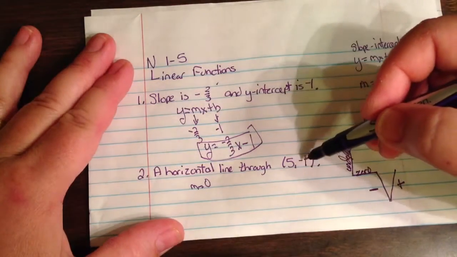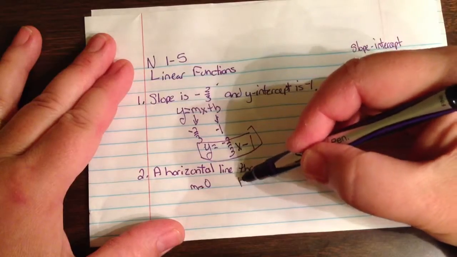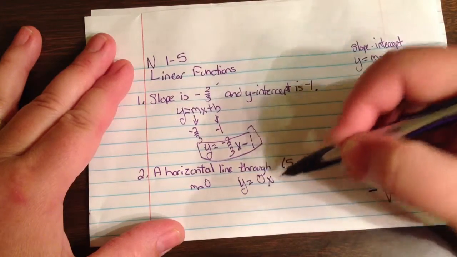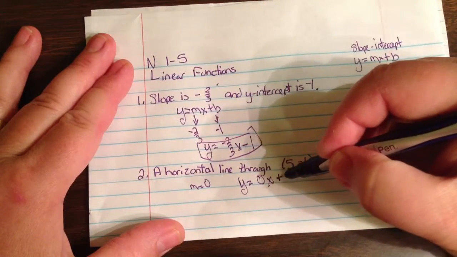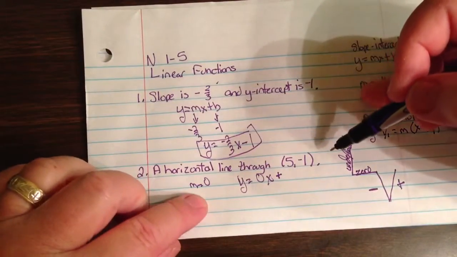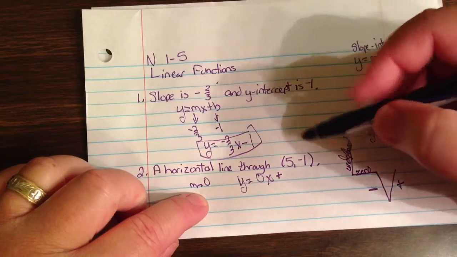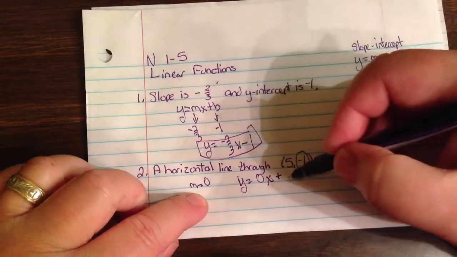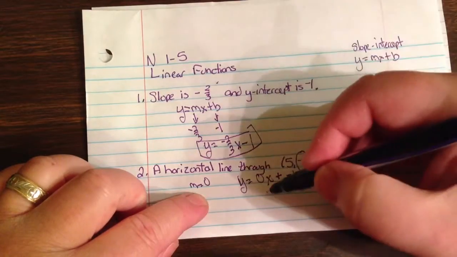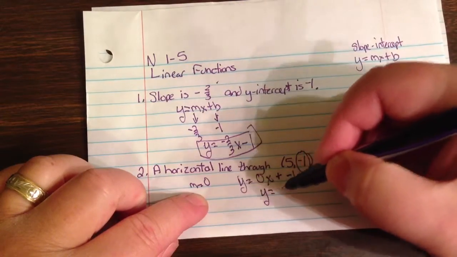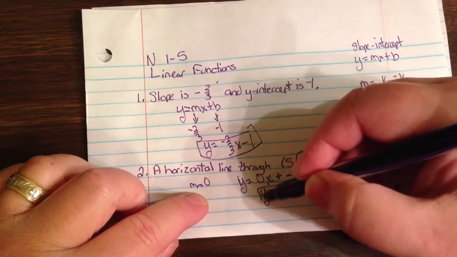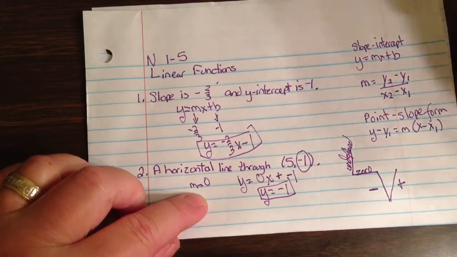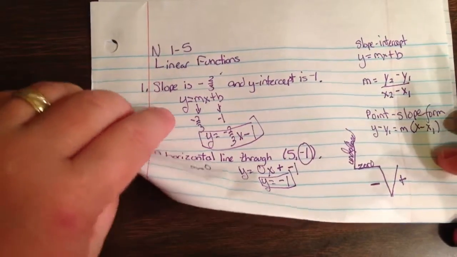Well, if we start off y equals mx, which is 0, plus b, b is going to be where it crosses the y-axis, but with a horizontal line, all the y's are going to be negative 1. So we simply write y equals negative 1 as our answer. All right, let's move it along.